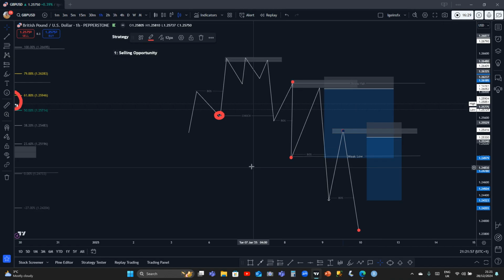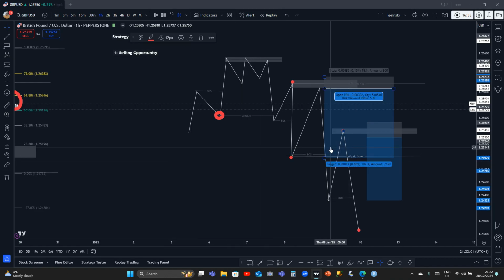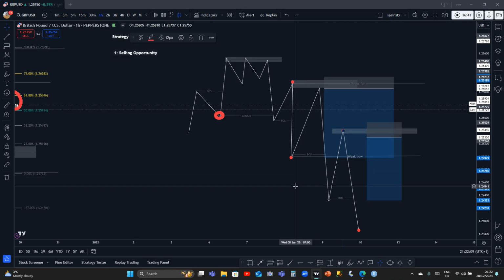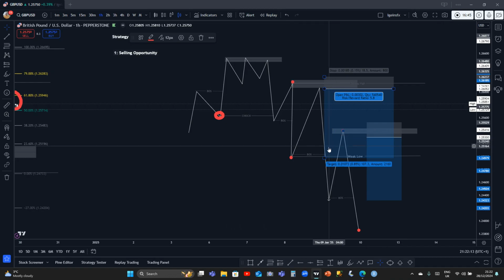That means the momentum is very, very strong. It can retrace and stop at just 23%, or it can retrace up to 38.2%. Then it resumes the underlying trend again.